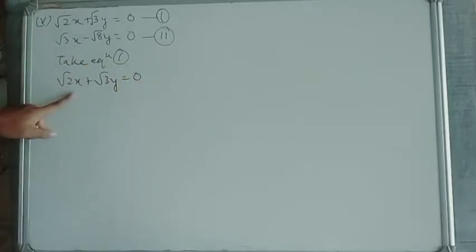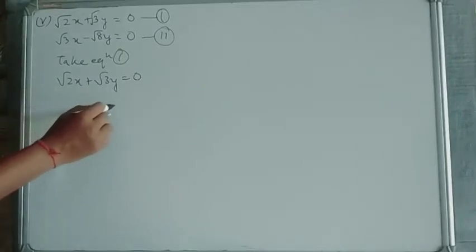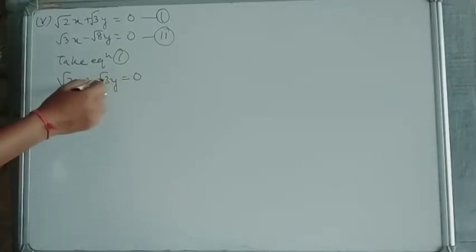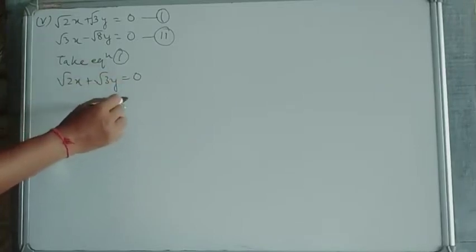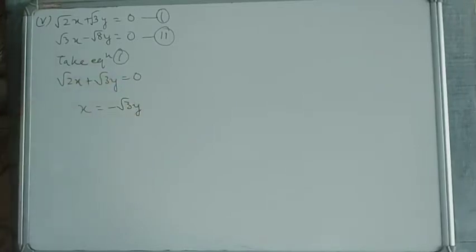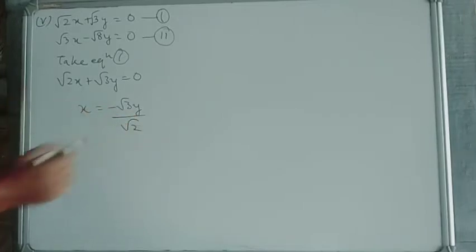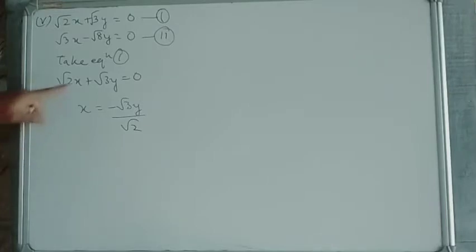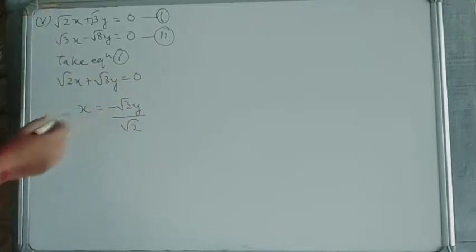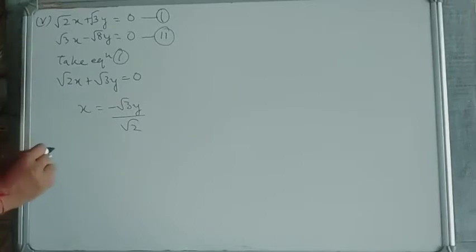From here we will take x out. So x will be equal to 0 minus root 3 y, with root 2 coming this side below. This root 3 y will go that side as minus root 3 y, 0 has no value, and root 2 will go down. Now this is the value of x we got. We'll put it in equation number 2.